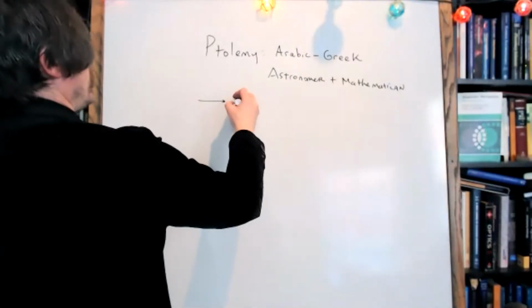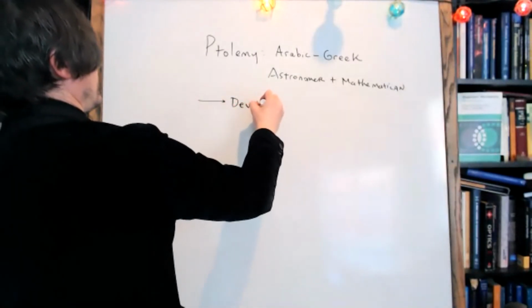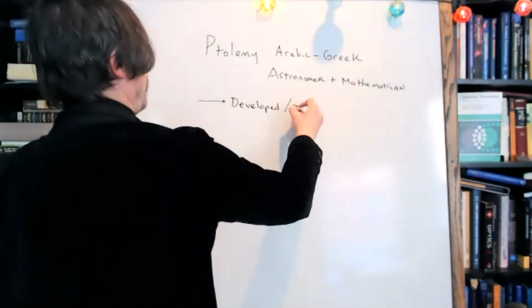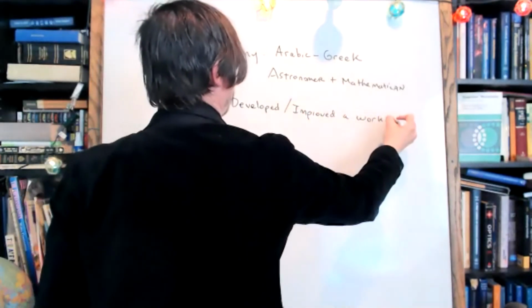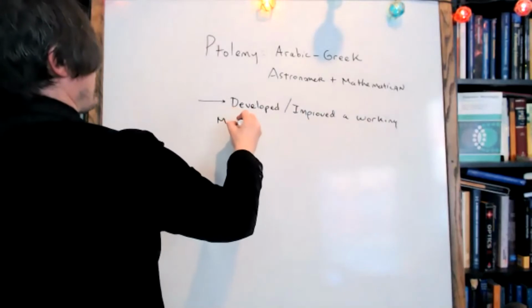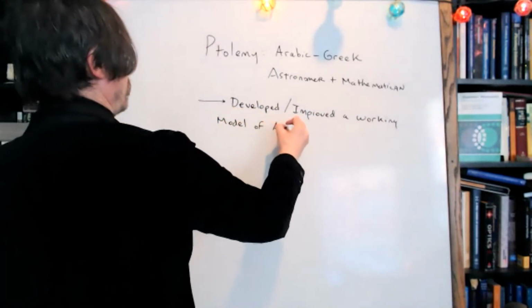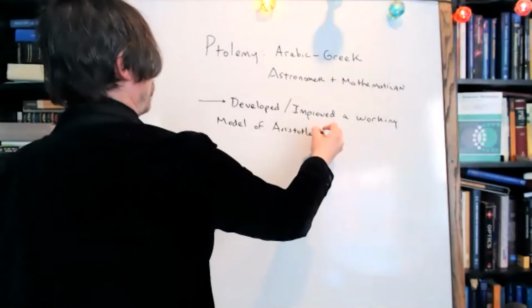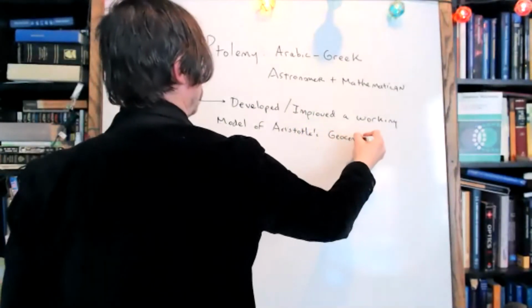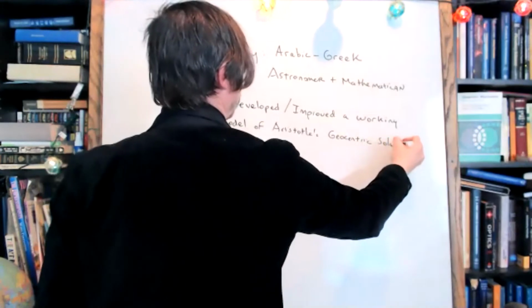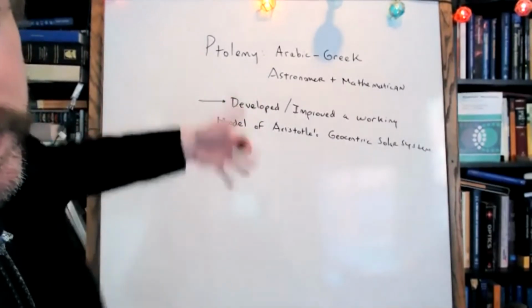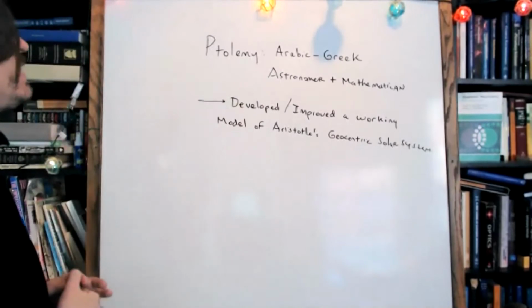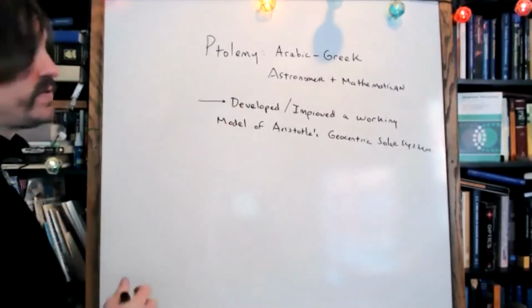He was famous for having developed, or you might say improved, a working model of Aristotle's geocentric solar system. In fact, some people will refer to it today as the Ptolemaic Aristotelian model of the solar system. You can think of it as the ancient Greek model of our solar system.